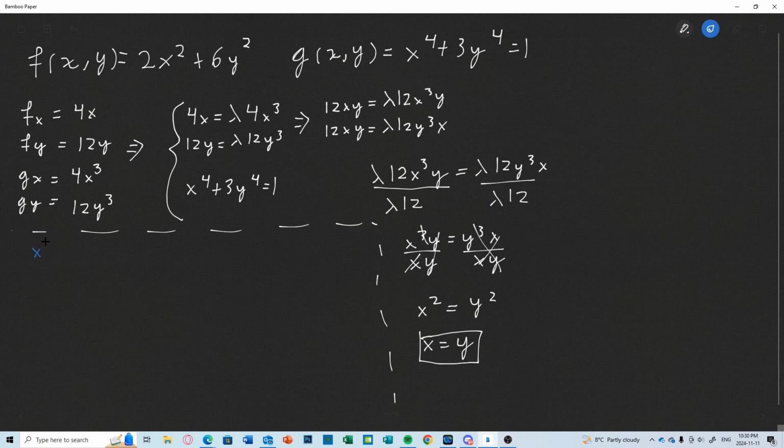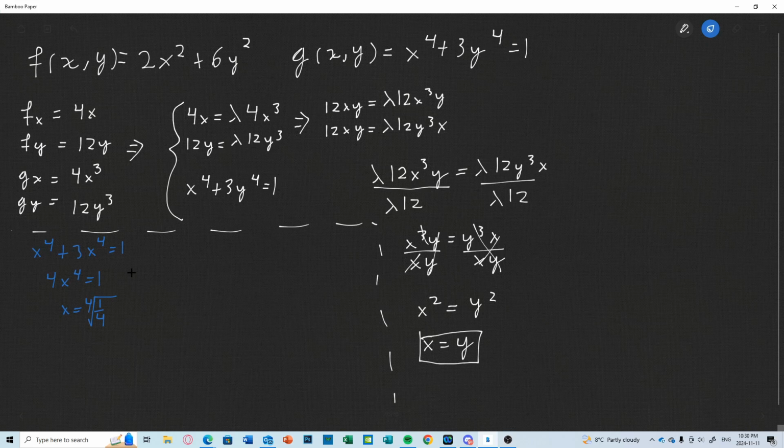So we're going to have x to the 4 plus 3, and since x and y are equal to each other, we can just replace it: 4x to the 4 is equal to 1, which means x to the 4 will be equal to 1/4, and x is going to be the fourth root of 1/4.